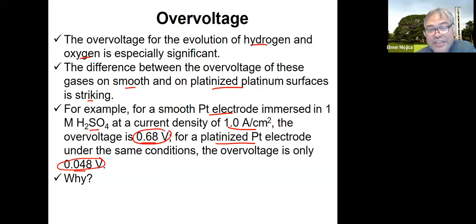So you may ask yourself, where do you use this platinized electrode or the platinized surfaces? They usually use it to construct the hydrogen reference electrode, the SHE.